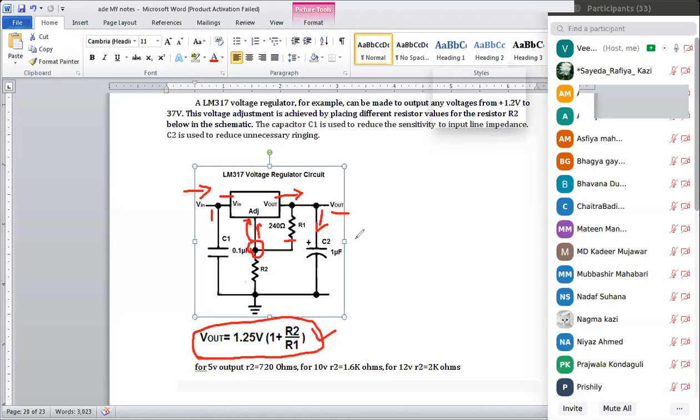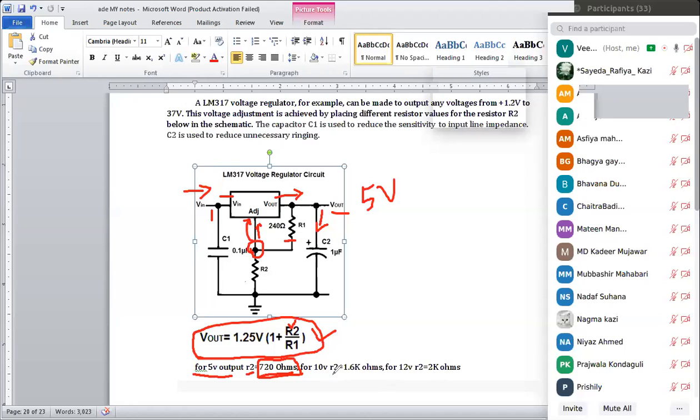For example, for 5 volts, R2 is going to be 720 ohms. It means if I adjust R2 to provide 720 ohms of resistance, then the output voltage I am going to get is 5 volts.